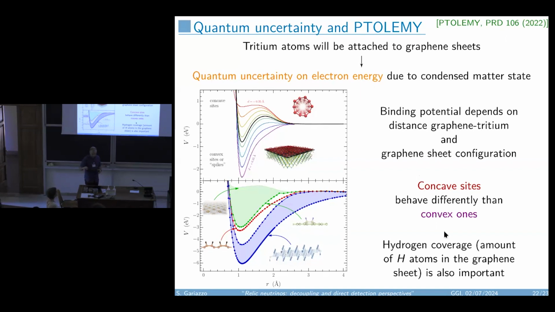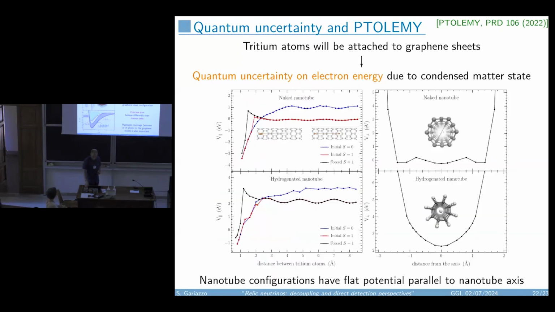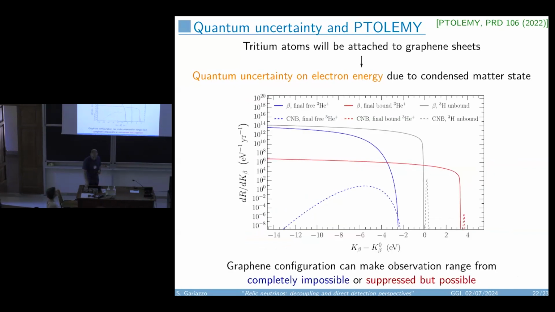So a flat layer is actually the worst possible scenario. Maybe the best idea is to use a tube, a small nanotube, where you have the electrons inside. In that case, you just have one direction for the final electron to come out, and you avoid part of the uncertainty. I will not enter all the details, but you see here that in the case of the unbound tritium atom, you will have this spectrum.